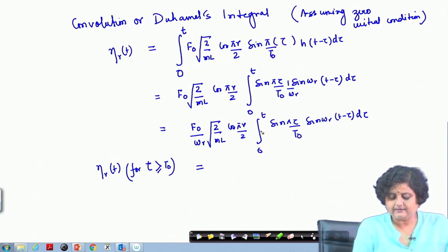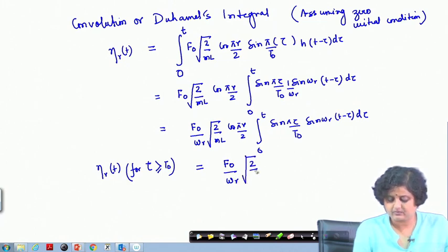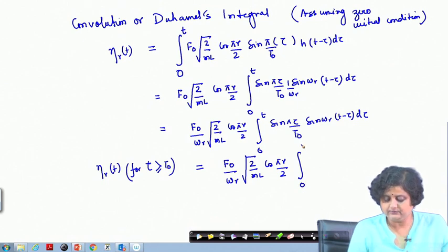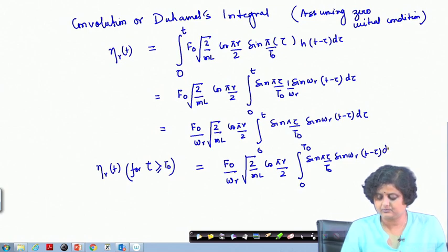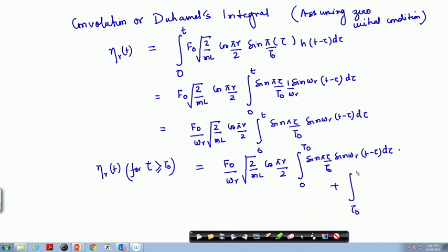For that I can write this integral as f0, splitting it between 0 to t0, sin(pi tau by t0), plus t0 to t.